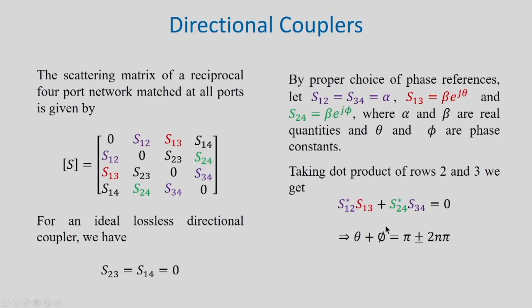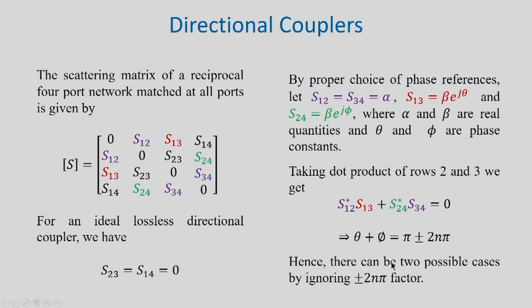In fact, this relationship will be true for theta plus phi equal to pi plus minus 2 n pi, and we ignore this factor plus minus 2 n pi, we only consider theta plus phi equal to pi.